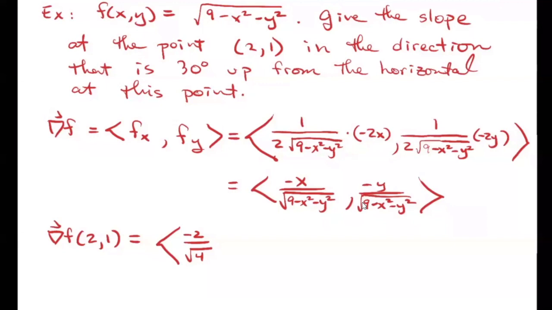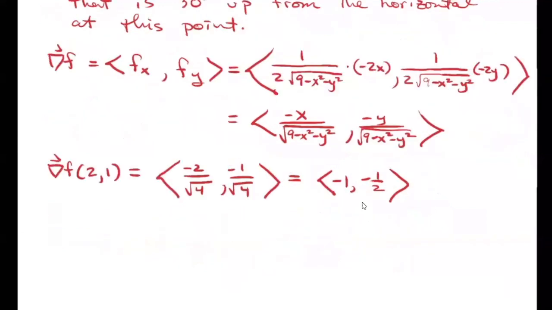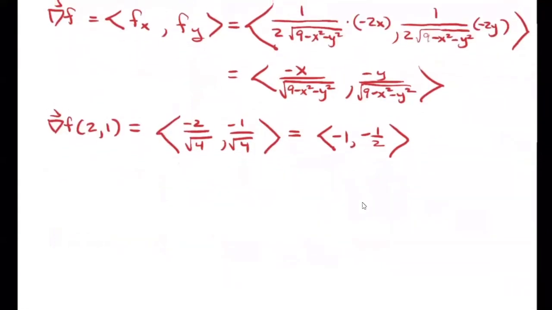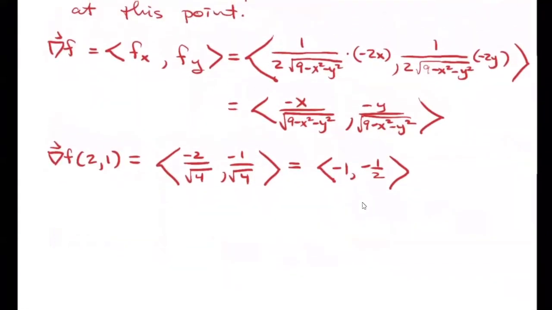Well, 9 minus 4 is 5, minus 1 is 4. And then a negative 1 over square root of 4. So of course, that's just negative 1, negative a half, I think. Okay, any questions about that? Okay, and so that's the gradient.